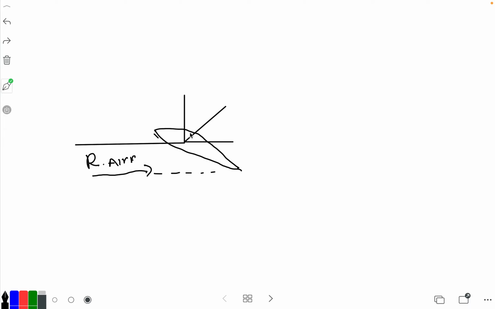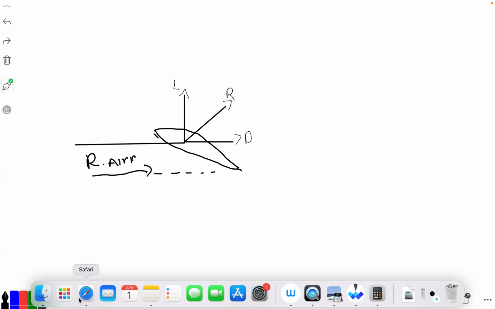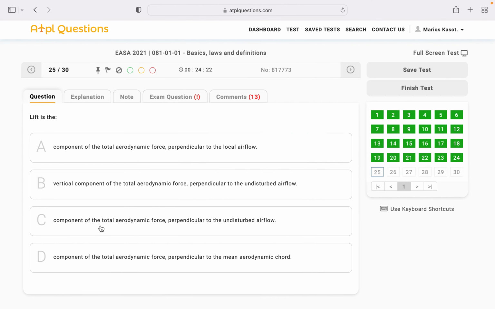And this of course here is the center of pressure. So this component here is lift, this is the reaction force, and this is drag. So lift is the component of the total aerodynamic force perpendicular to the undisturbed airflow.